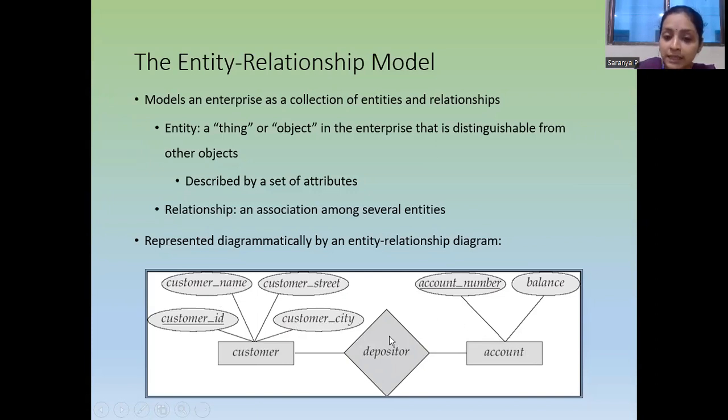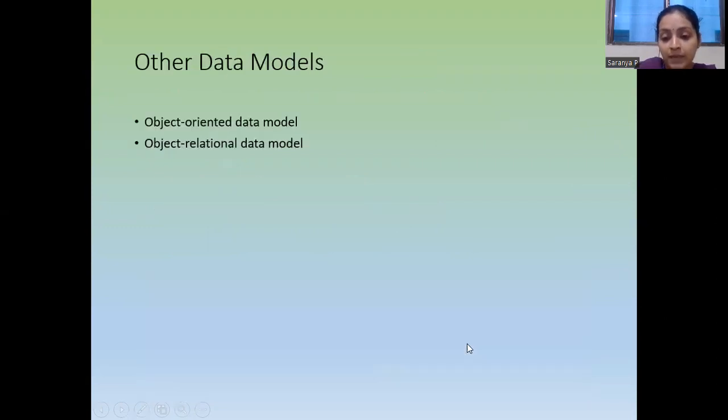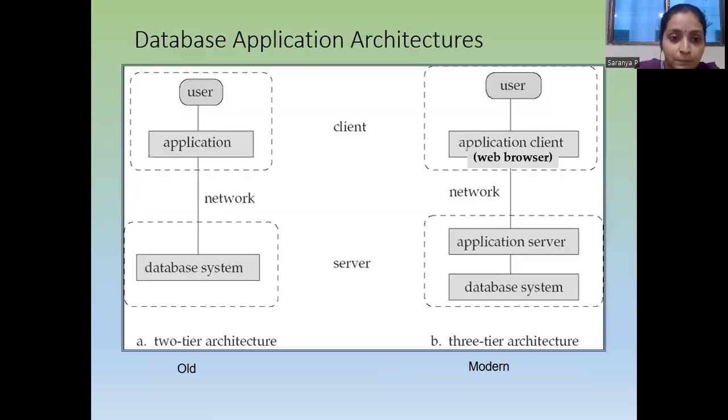Then depositor is a relationship between the customer and the account, like the customer deposits an amount in the account. This is a simple example for the ER model. Other data models like the object-oriented data model and object relational data model also exist among the database model types.